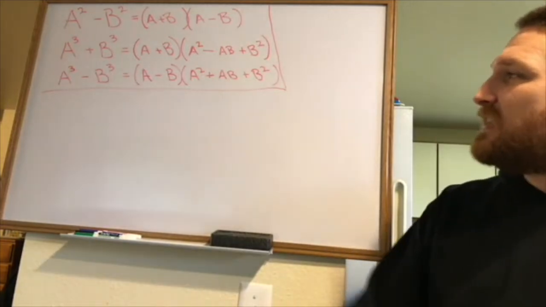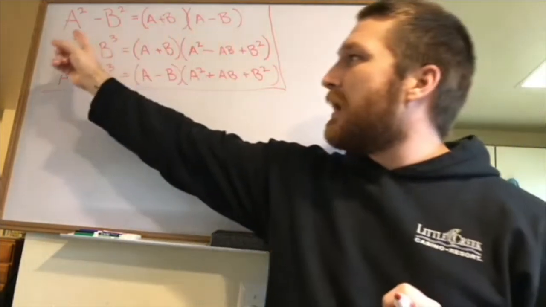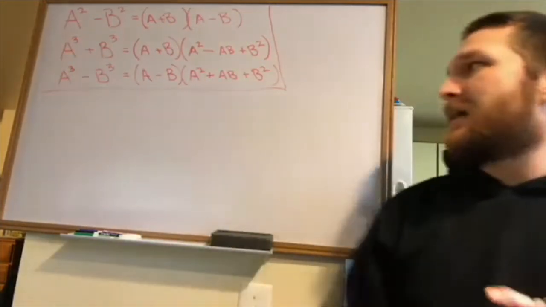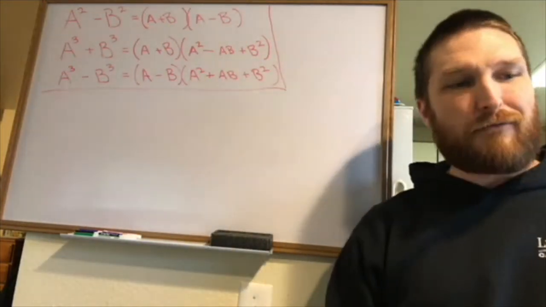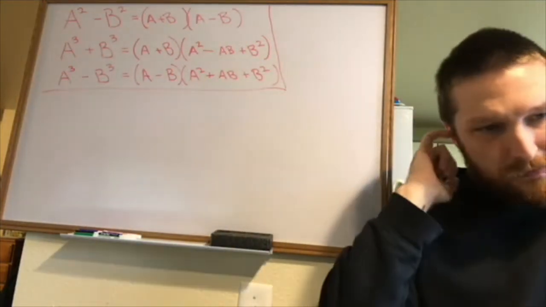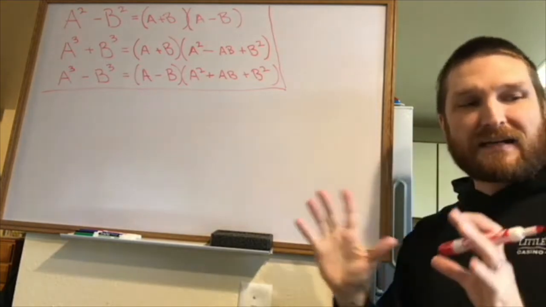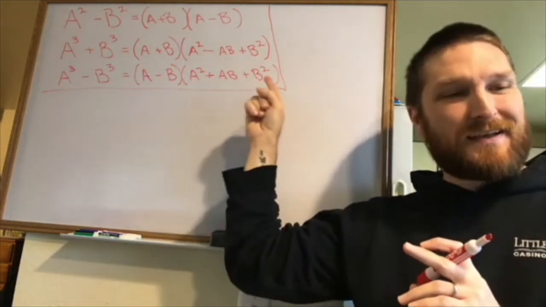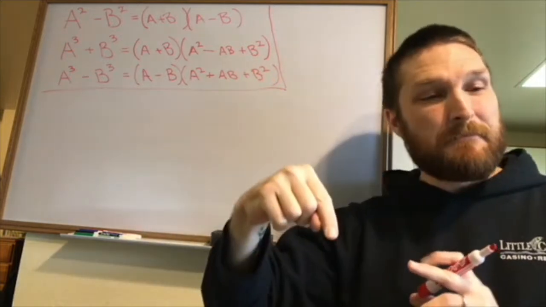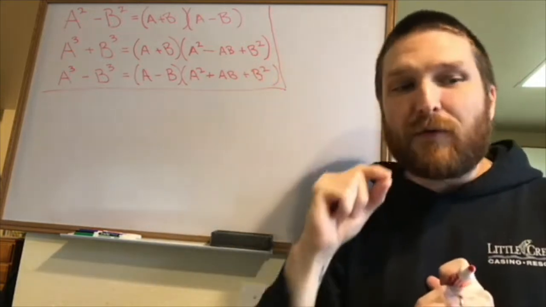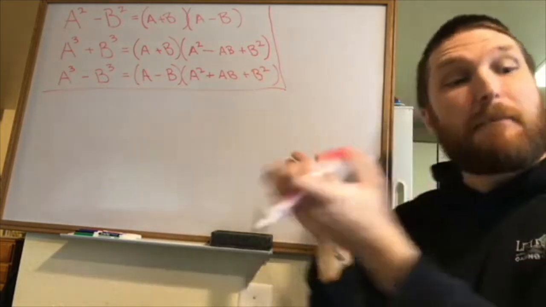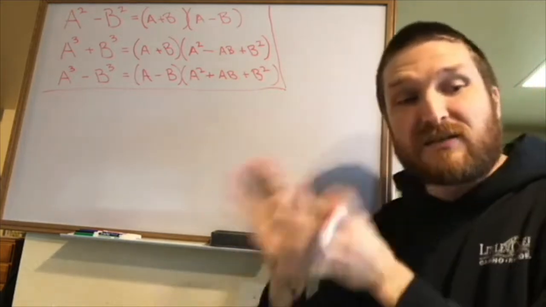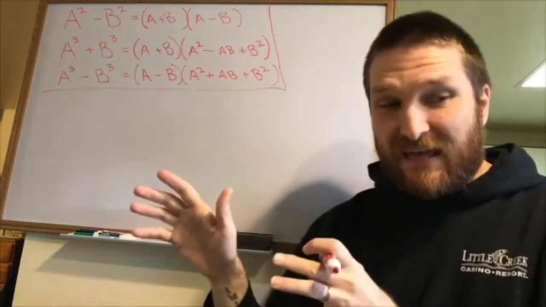However, there's a nifty little mnemonic device to get these guys. I'm going to demonstrate that right now. This is how I do it. In fact, the reason I messed this up is because I didn't do this the way I normally do it. What I'm about to do on the board, I'm about to reason through something and say a bunch of things.